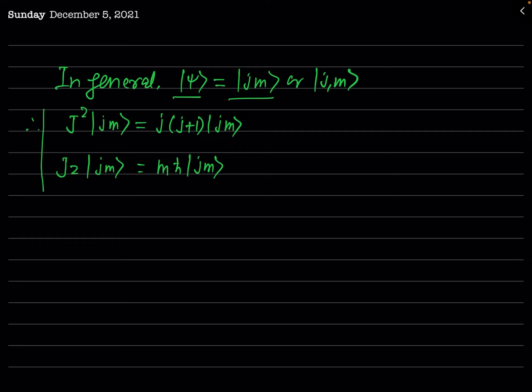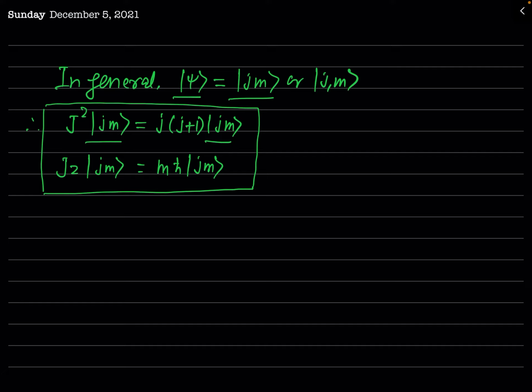So these are actually the eigenvalue equations of the operators J square and Jz. You can see the eigenstate of both of these operators is ket jm, and their eigenvalues are different.